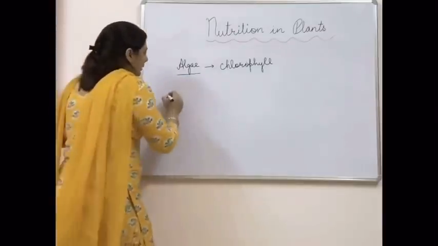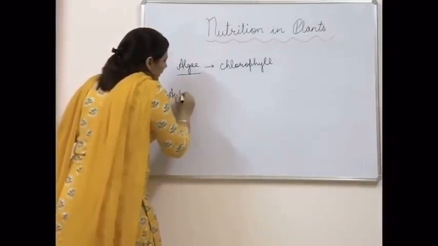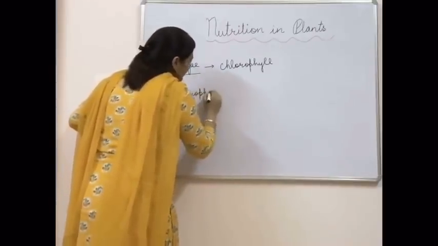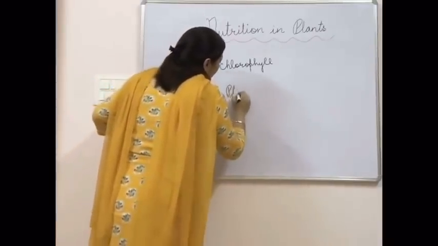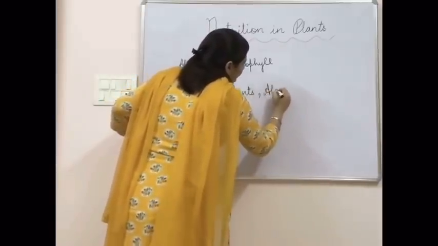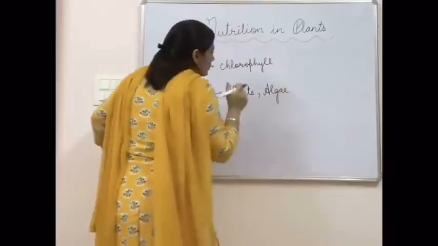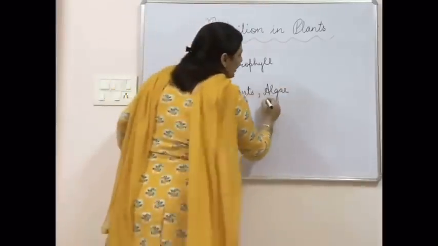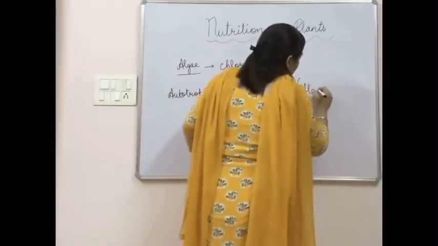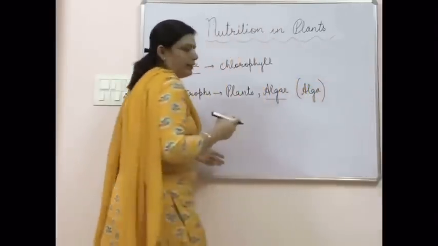So when you are writing the autotrophs, one main autotroph we consider is the plants. These are the main autotrophs. Then we can write algae also. Algae is the plural. If you write singular, then it is alga. So never get confused that you are writing wrong spellings.